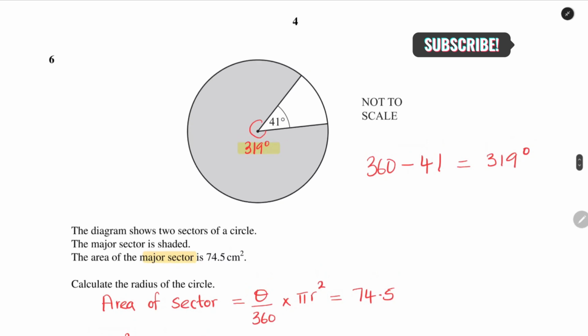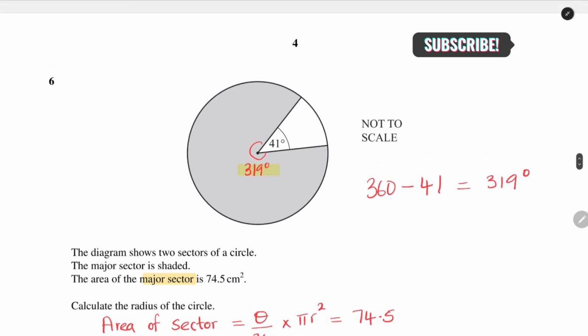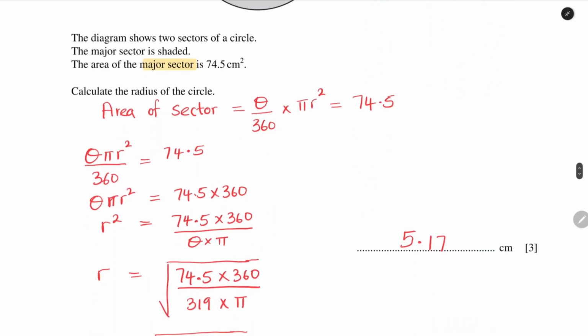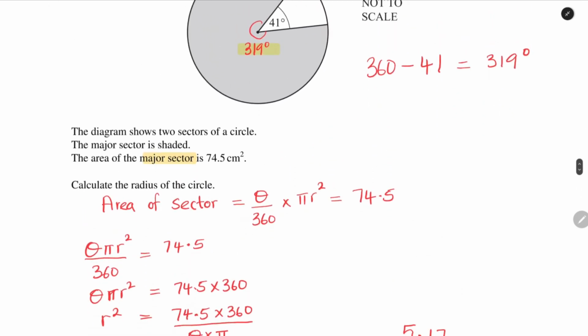So the catch to this question is for you to recognize that the area given is that of the major sector, but the angle given is that of the minor sector. That is why we had to subtract the 41 from 360 degrees to find the angle for the major sector.